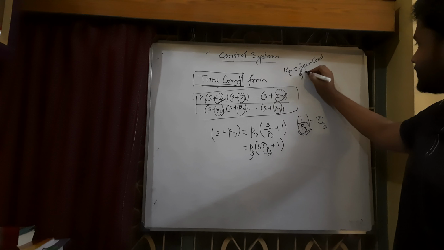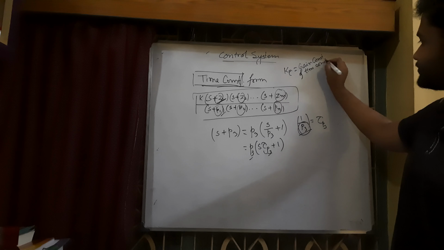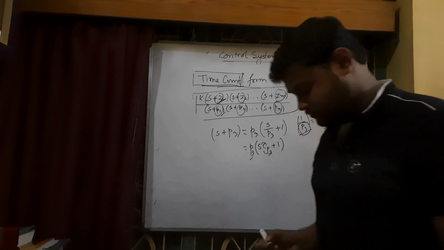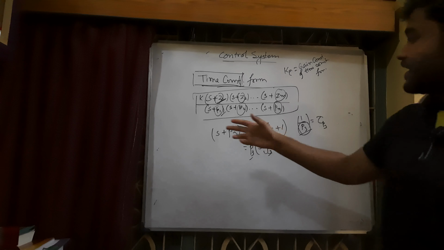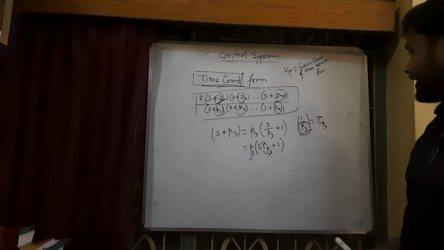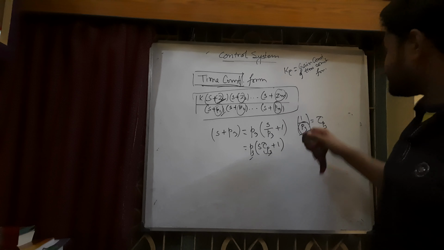of time constant form. For generalized things, we used k in the pole zero form as a gain constant.